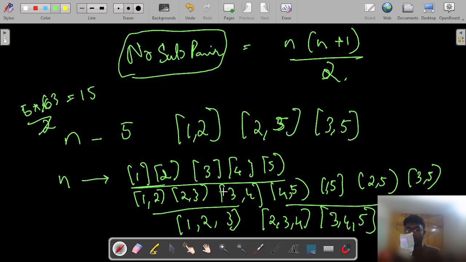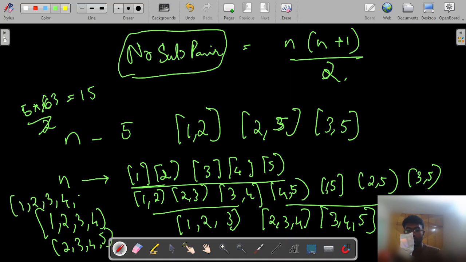So 12 plus 3, 15. And 1 2 3 4, 2 3 4 5, and 1 2 3 4 5. These are the subarrays. So if we consider all the subarrays, we should be getting a value of 15, which would be the total number of subarrays.